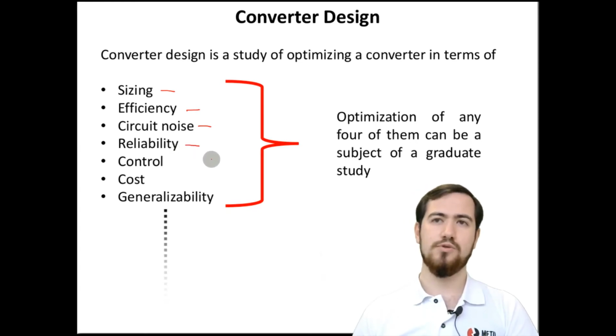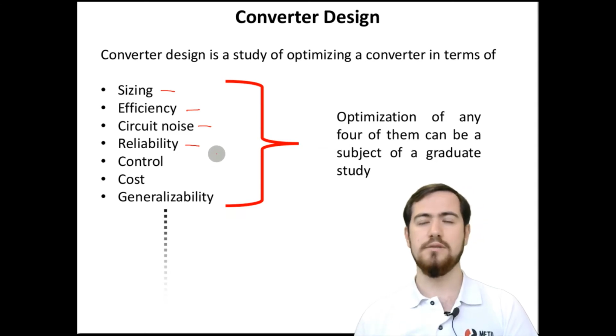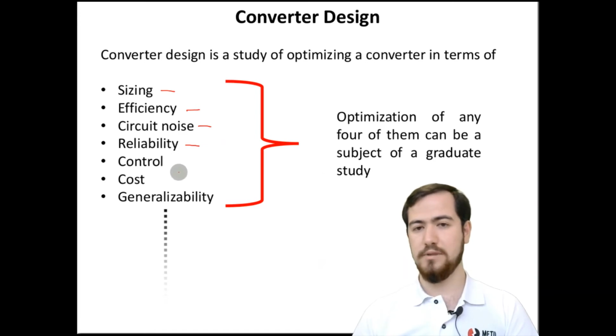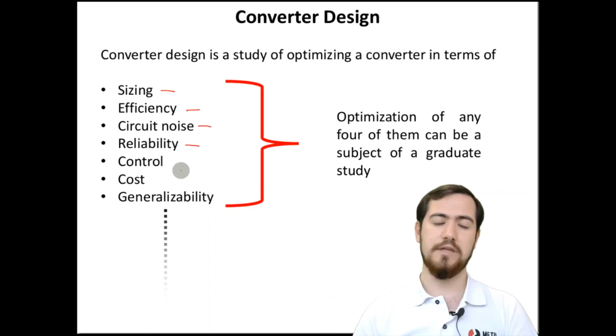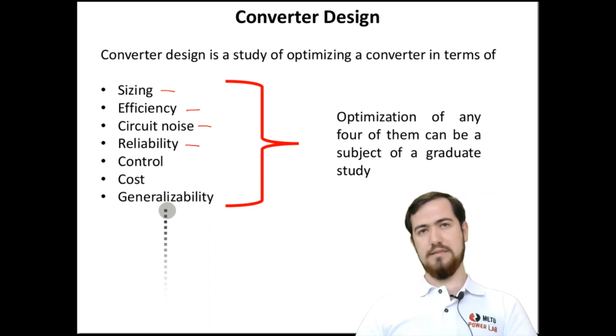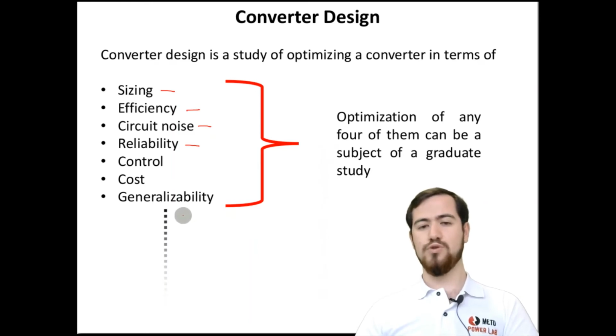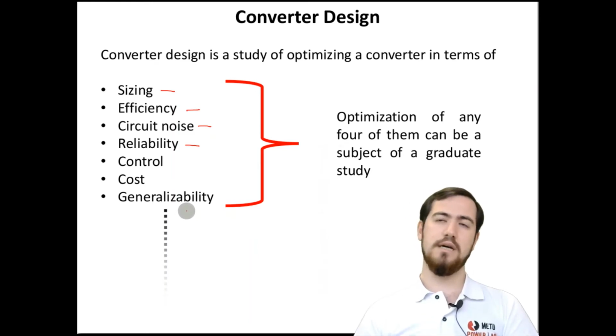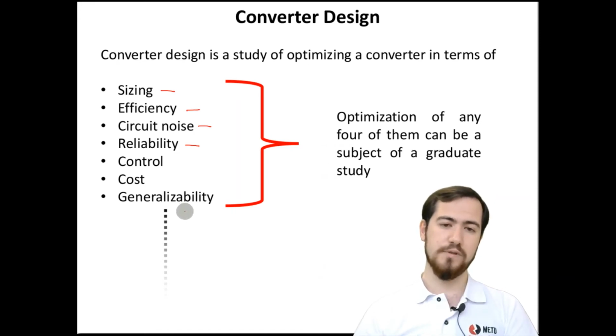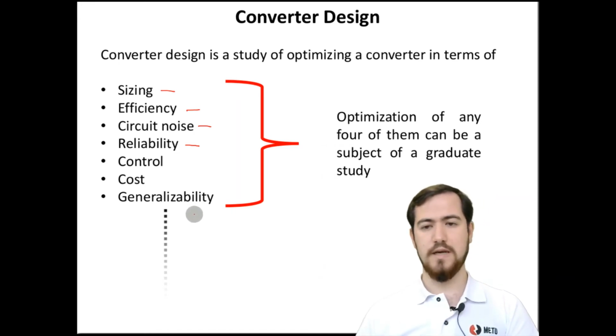I mean, it should be operating with fault situations, or it should be a fault tolerant circuit. Moreover, the controlling capability is very important, which depends on the application type. The cost is also important, and the generalizability, which means that we need to use a converter for different kinds of purposes in different types of applications.